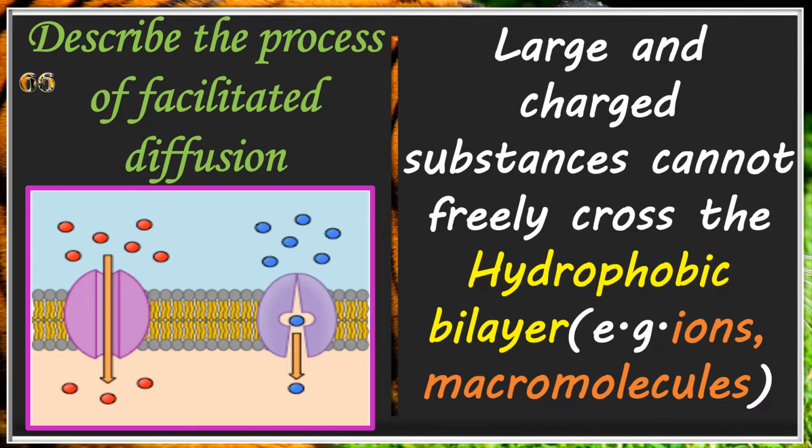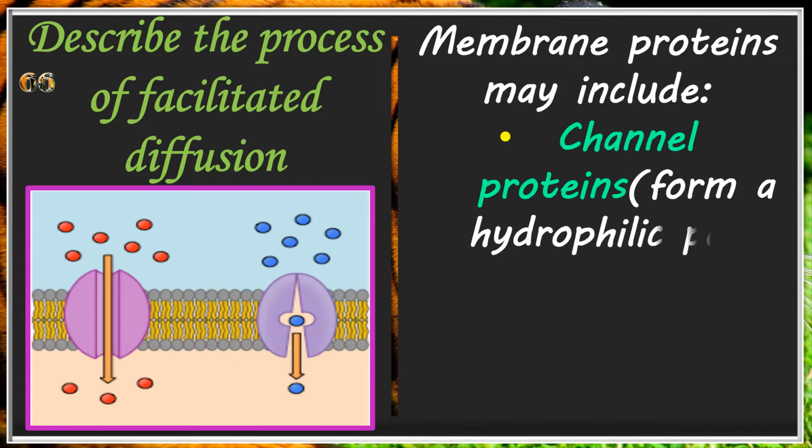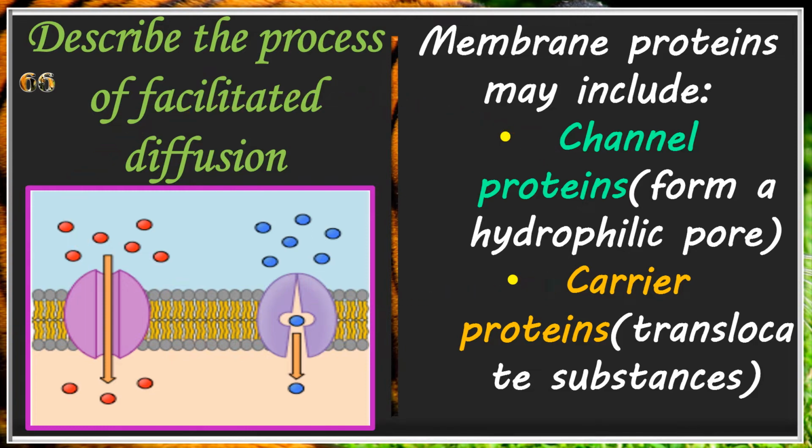Those are the ions and macromolecules. Therefore, the membrane proteins may include the channel protein, which forms a hydrophilic pore, and they may also include carrier proteins, which translocate substances.